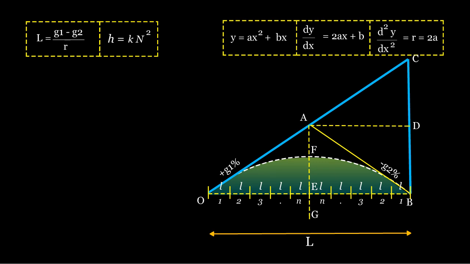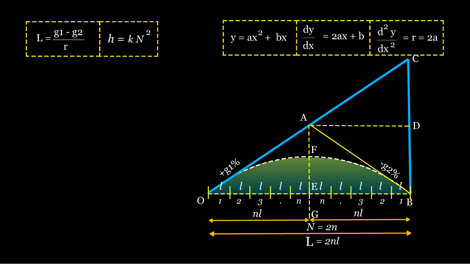So, the distance from the starting point O to the midpoint E is nL. Similarly, from the midpoint E to the endpoint B, also nL. So, the total length of the vertical curve equals 2nL, and the total number of chords in this vertical curve, N, equals 2n.